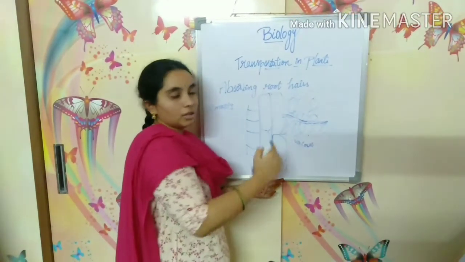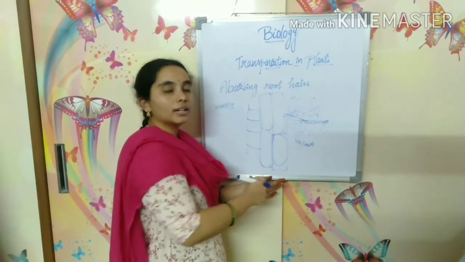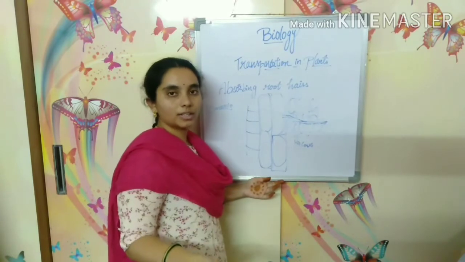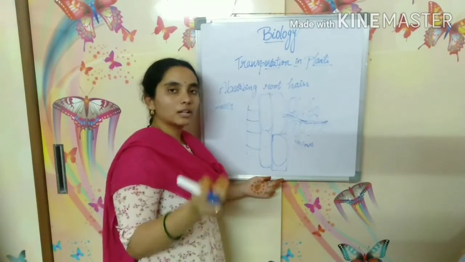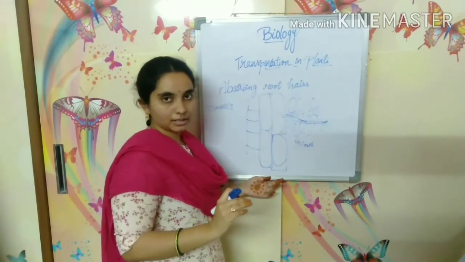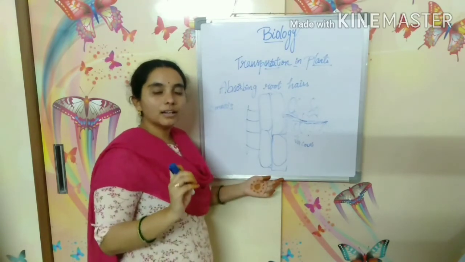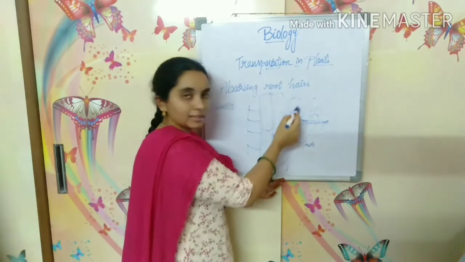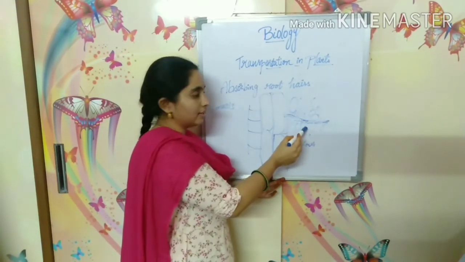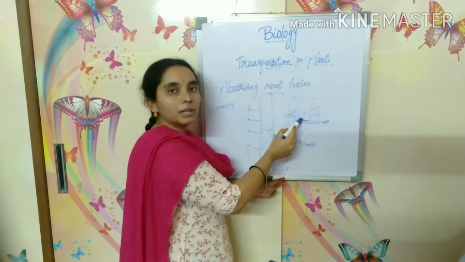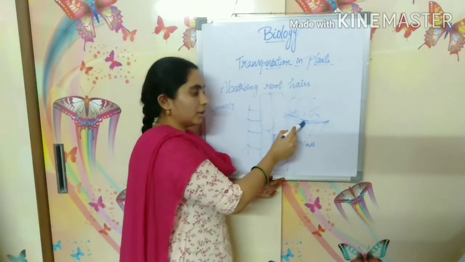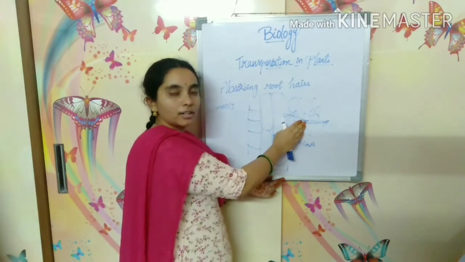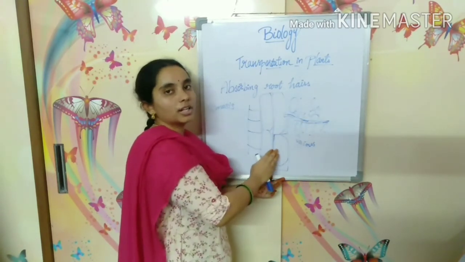The movement of water in the plant takes place continuously, from one cell to the next, and each cell follows the principle of osmosis. So when water is more here in root hairs, this water will move from root hairs to the cells of cortex, because water moves from more water to a low watered area.